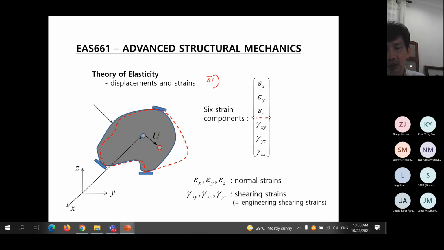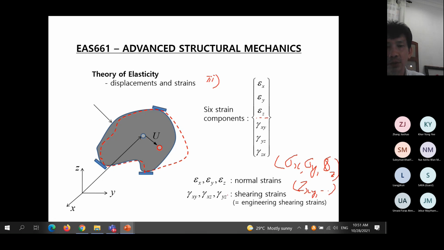Strain components are also divided into normal strains, which are associated with sigma x, sigma y, sigma z. So you have normal strains epsilon x, epsilon y, epsilon z, with only one subscript, the same as what we adopted for normal stress. The same goes for shear stress, where we have tau xy and so on.